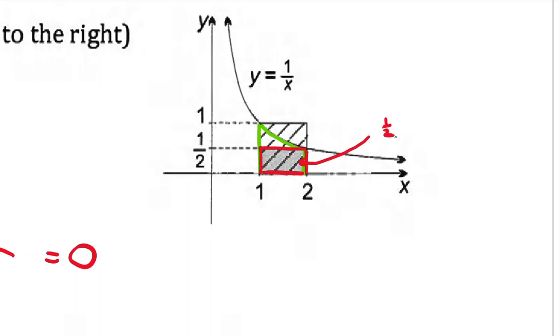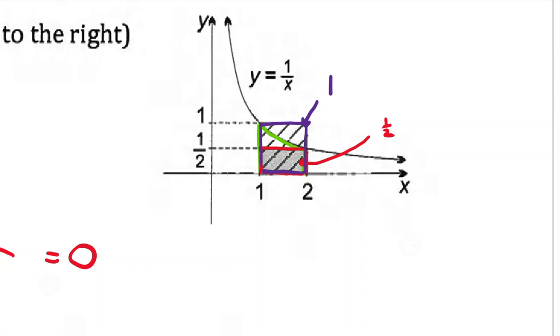Okay, that's the lower part. If I go to the big rectangle, which is overestimating my area, A equals BH again for a rectangle, base times height would be 1 times 1. The purple rectangle has an area of 1.